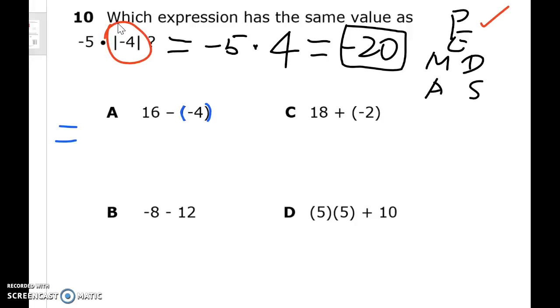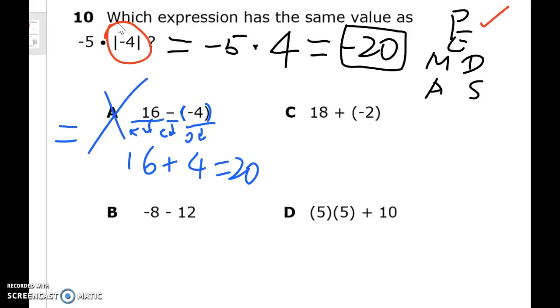So now when we have subtraction, what do we do? Keep, change, opposite. So we get 16 plus the opposite of -4, which is +4. So this will be +20. Now it is not -20, so let's not look at B.